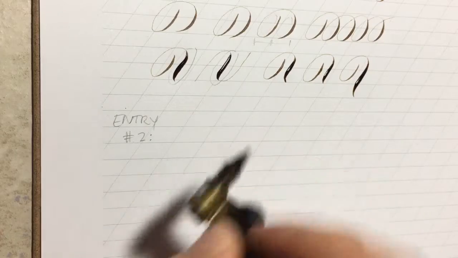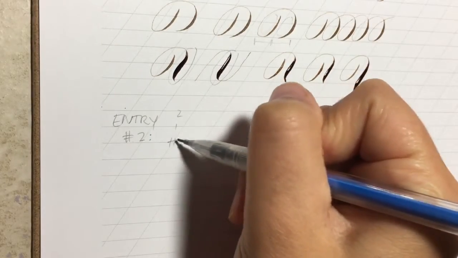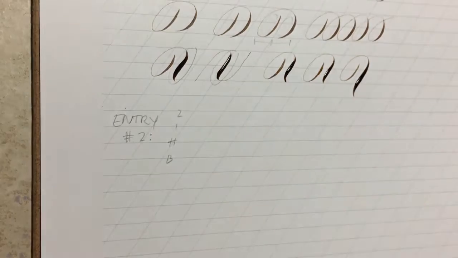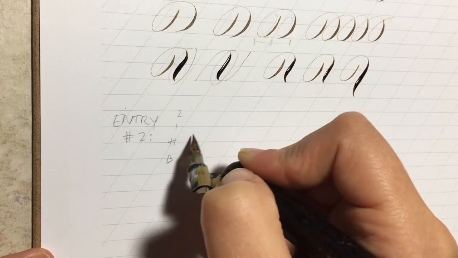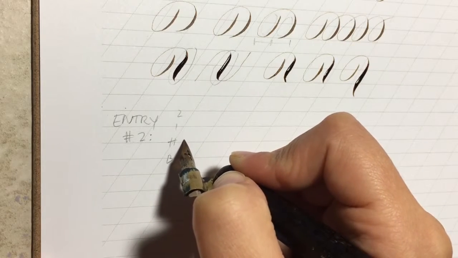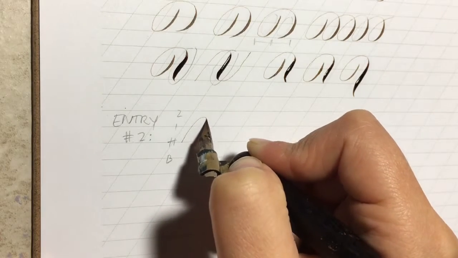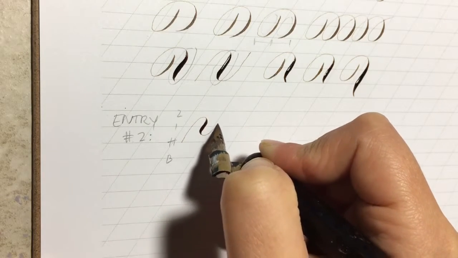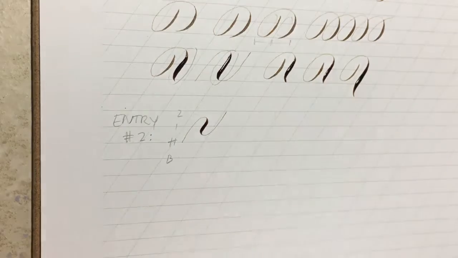So this is between the header line and the second ascender. For this one, I like to start around the header line and then come up and make this compound curve shape up to the second ascender.